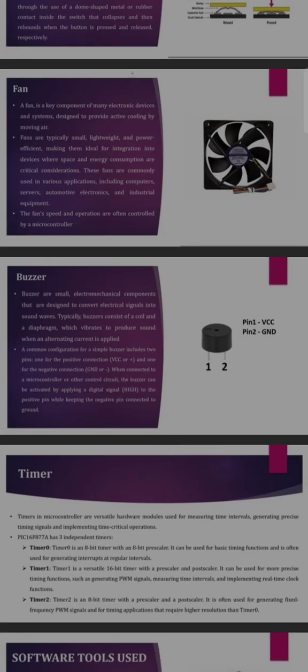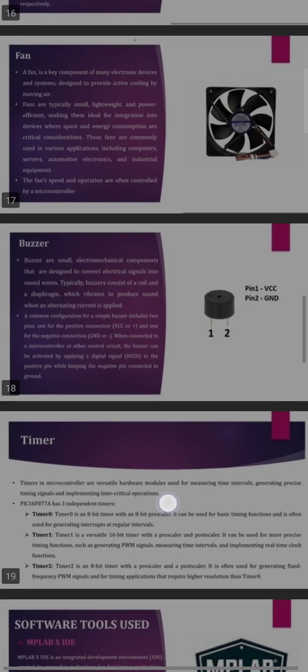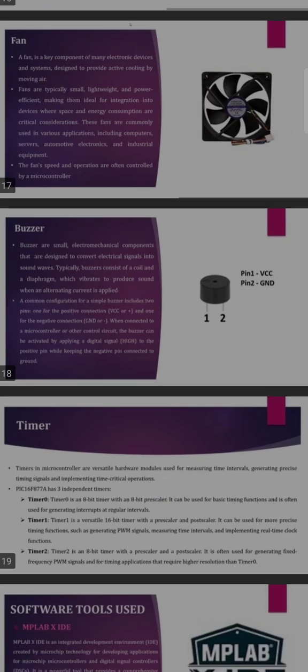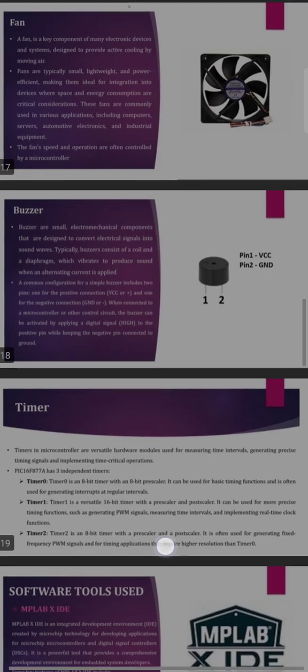Buzzer. A buzzer has two pins: VCC and ground. Buzzers are small electromechanical components designed to convert electrical signals into sound waves. Typically, buzzers consist of a coil and a diaphragm which vibrates to produce sound when an alternating current is applied.